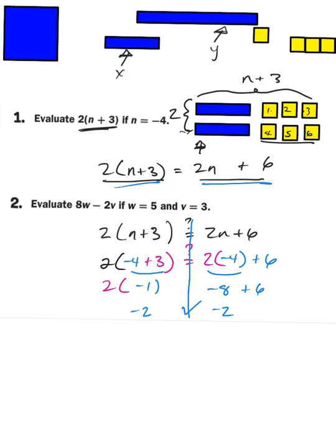Because when I put negative 4 in there, now it's not just negative 4 that will come out equivalent. Let's pick another number to put in there. Because if these are two equivalent expressions, then no matter what number I put in there, it should come out equivalent.